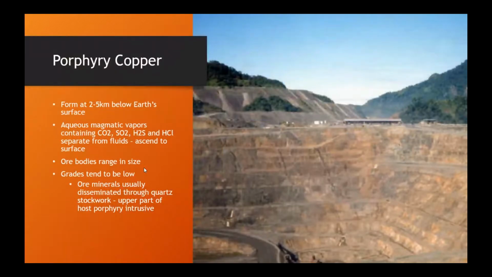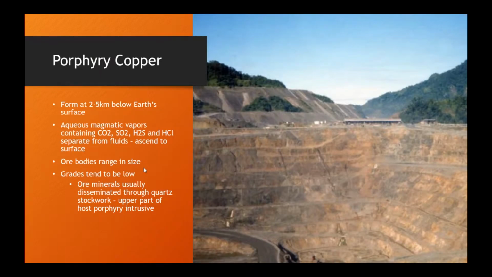Porphyry copper deposits form at 2 to 5 kilometers below the Earth's surface at temperatures of 500 to 600 degrees Celsius from hypersaline, near neutral magmatic fluids, and aqueous magmatic vapors containing CO2, SO2, H2S, and HCl, which separate from fluids, and those are going to ascend to the surface.